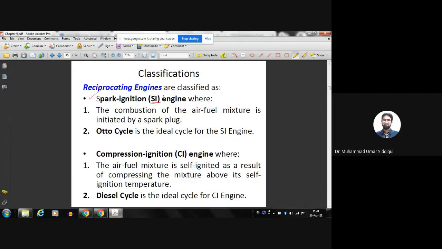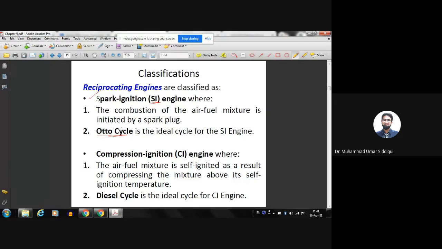The ideal cycle for the SI engine is known as the Otto cycle, which we just discussed before. These are basically the petrol cycles, the ones normally used in our motorbikes and our cars. They need the spark plug to do the ignition.